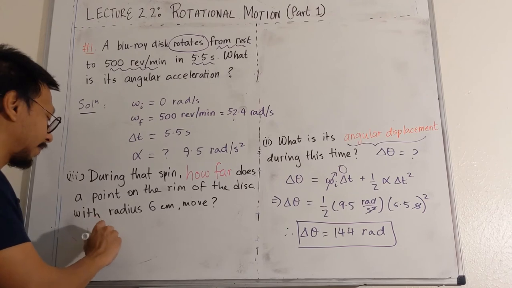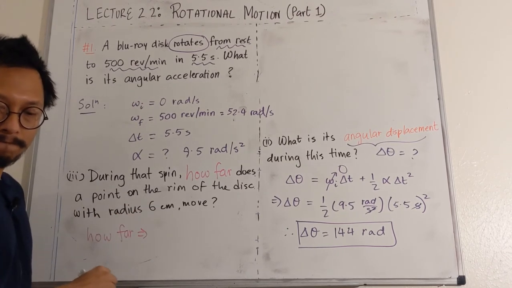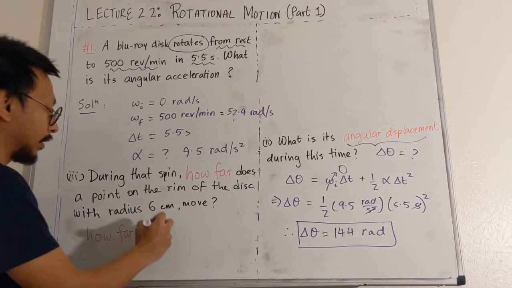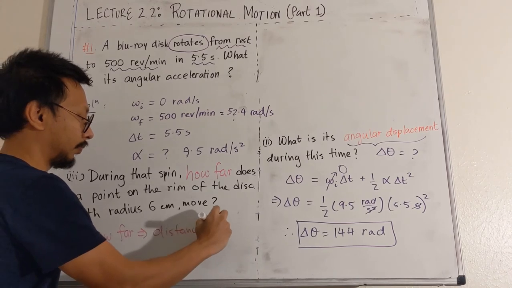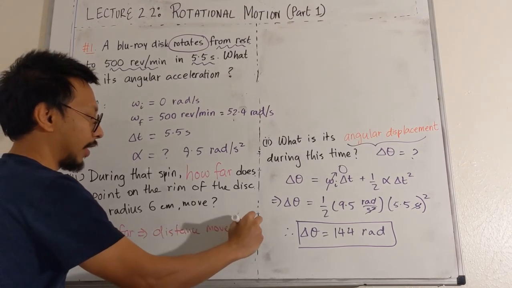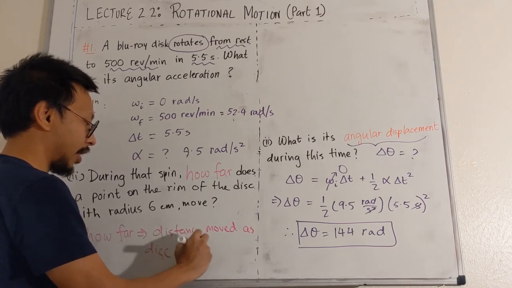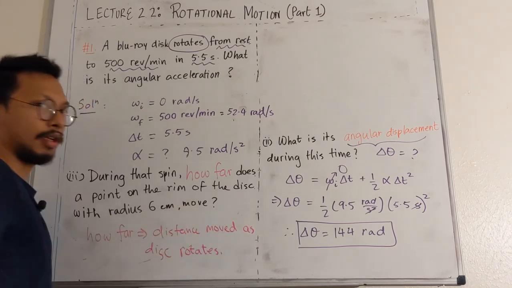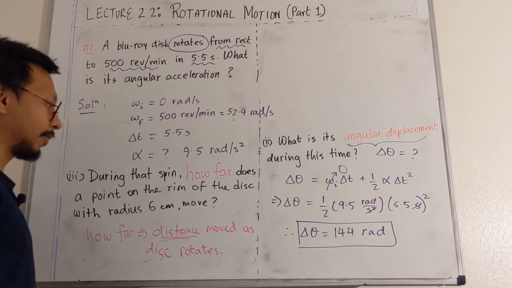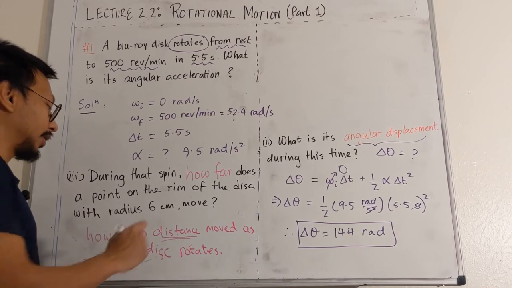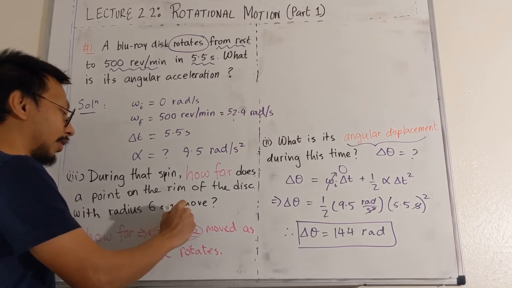How far implies the distance moved as the disk rotates about a fixed axis. Distance is a linear quantity, right? And so when rotating, this is nothing but arc length.